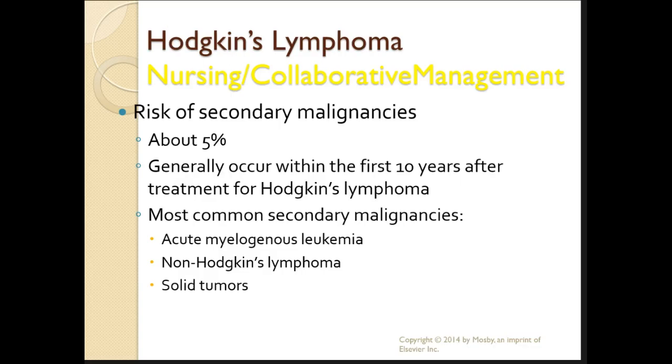With Hodgkin's lymphoma, again, there is the risk of the development of secondary malignancies after treatment. The most common are acute myelogenous leukemia, the development of a non-Hodgkin's lymphoma, and of course, solid tumors.